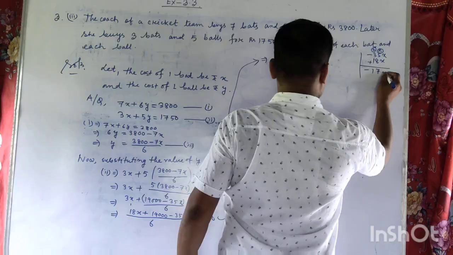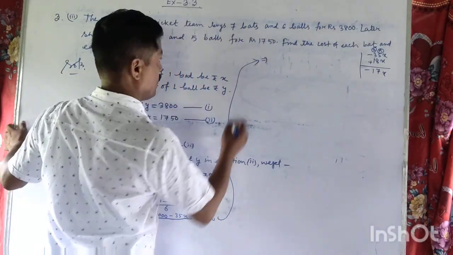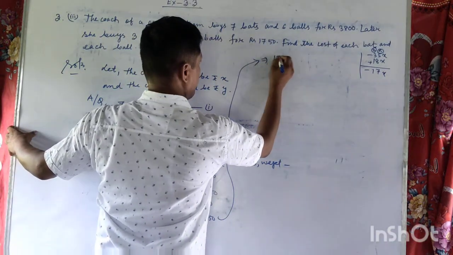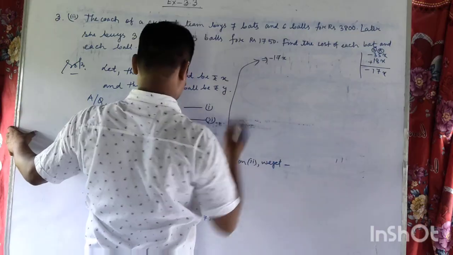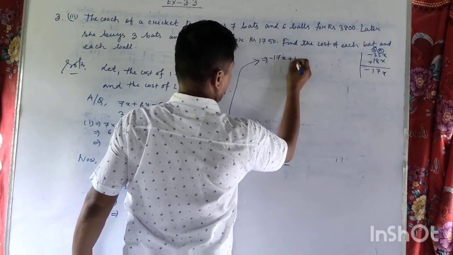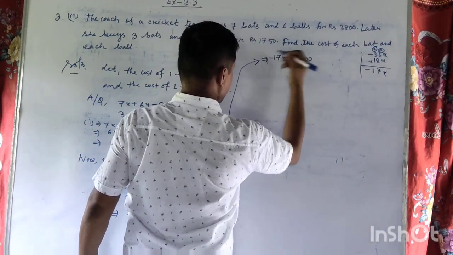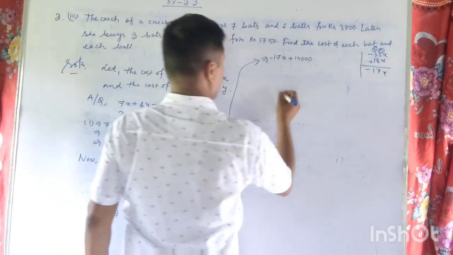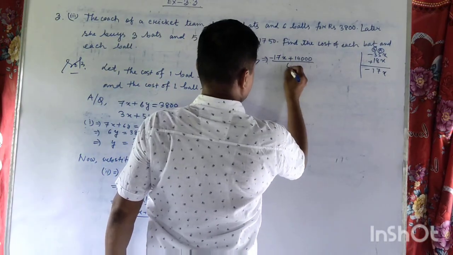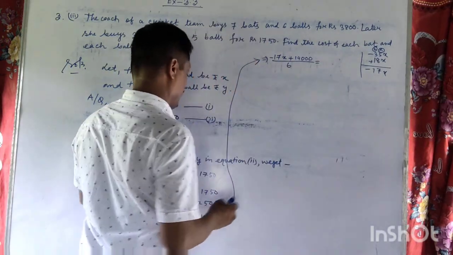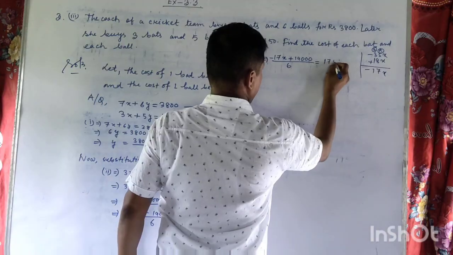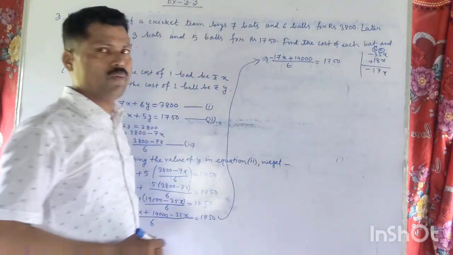So minus 17x, and plus 19,000, that means 19,000 is divided by 6, is equal to 1750.